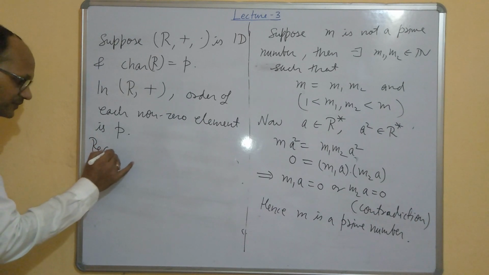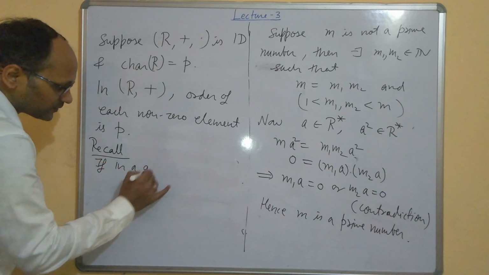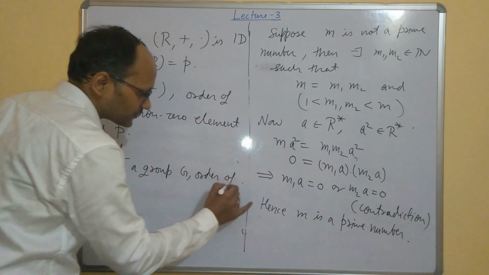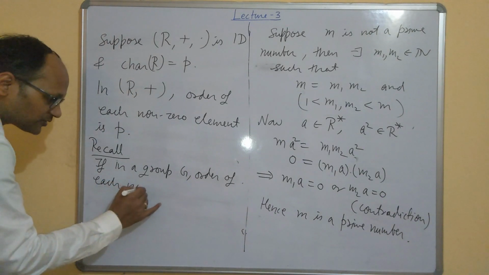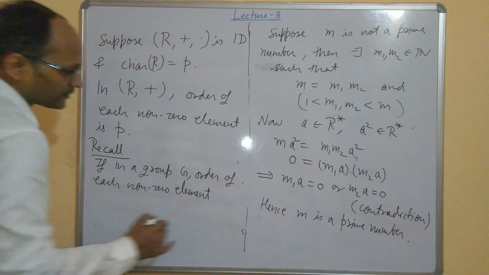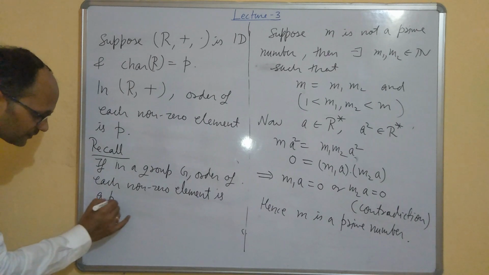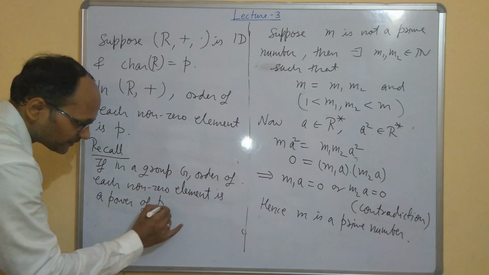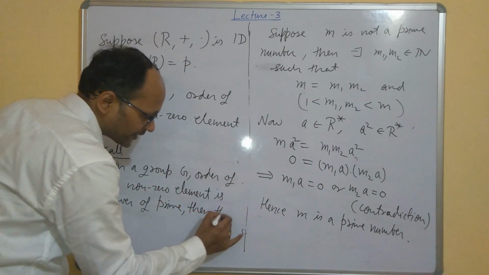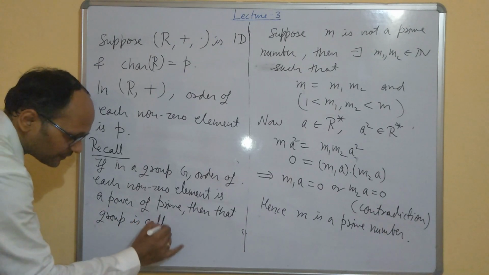Now let us recall: if in a group G the order of each non-zero element is a power of a prime, then that group is called a p-group.